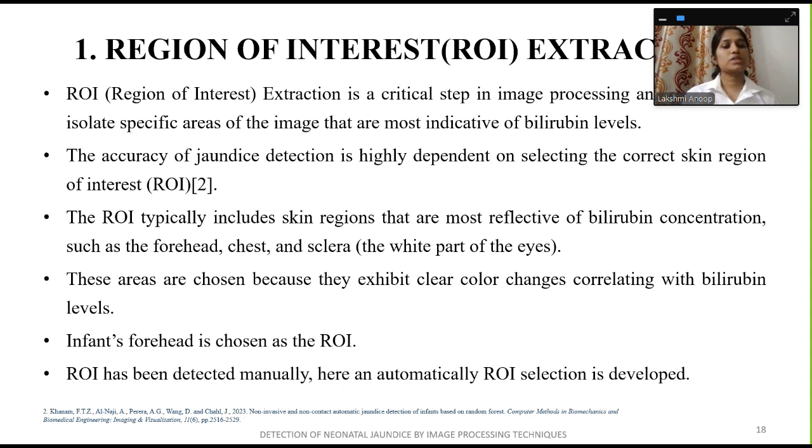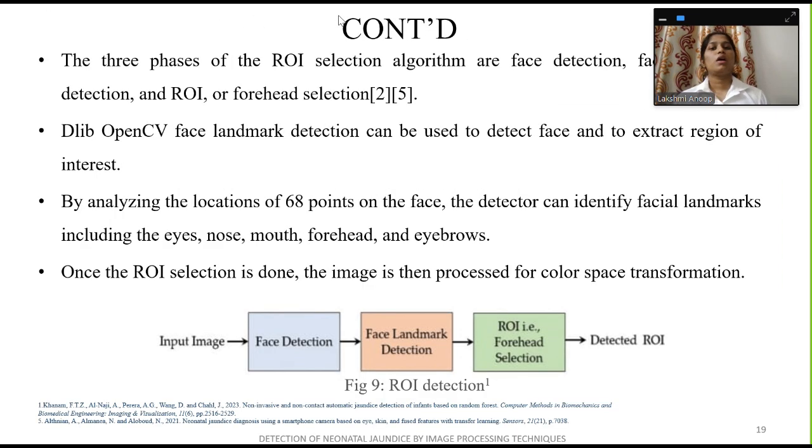An automatic ROI selection is developed in this method. This ROI selection mainly consists of three phases. The first phase is face detection. The second one is face landmark detection, and the third one is ROI forehead selection.